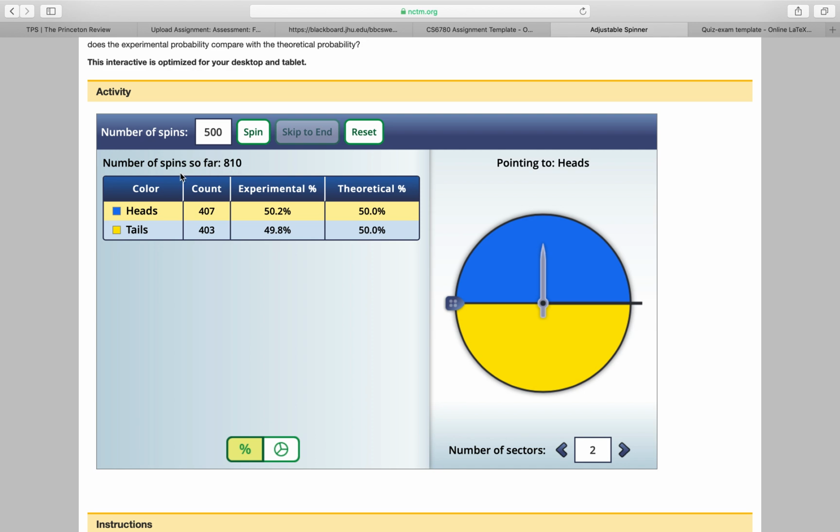Oh, so after 810 spins, it looks like we landed on blue 407 times, or 50.2% of the time, and yellow 49.8% of the time. Now these are super close to our theoretical probability. So what you should notice is that not only are they getting closer, but they're converging.